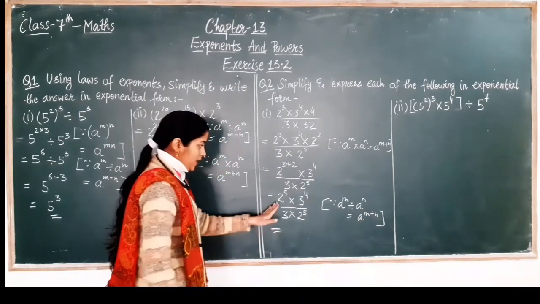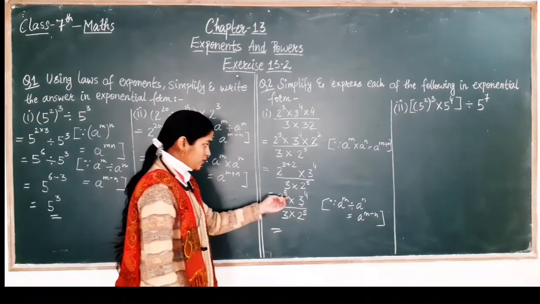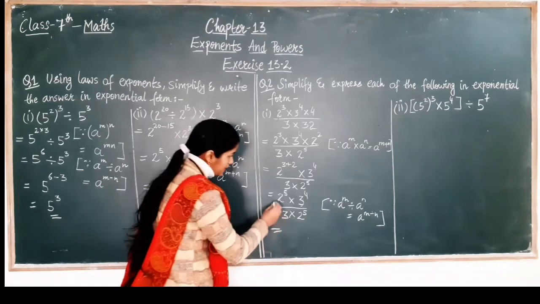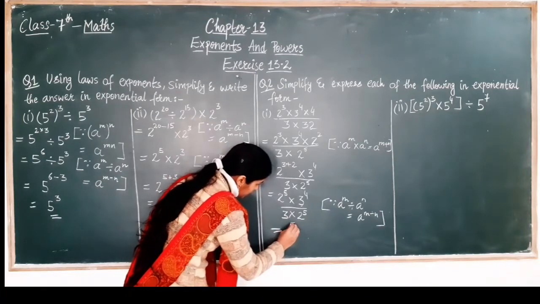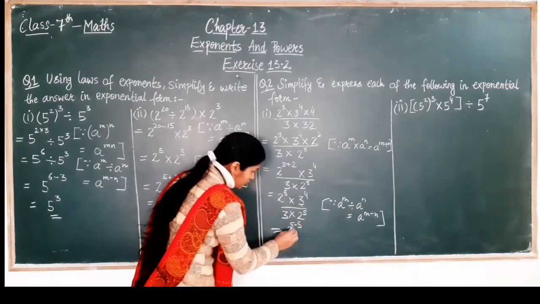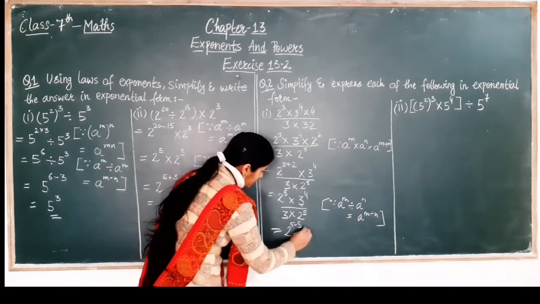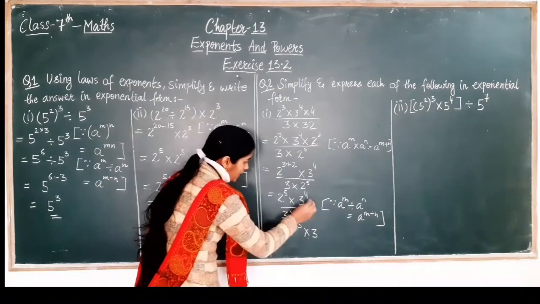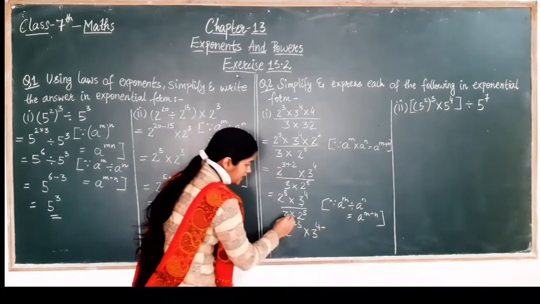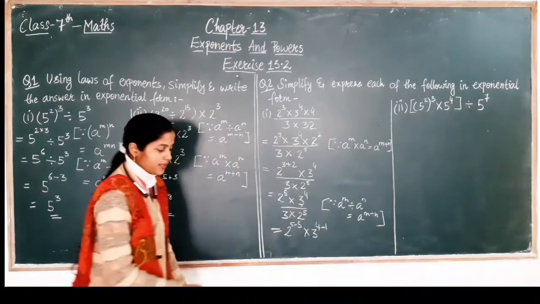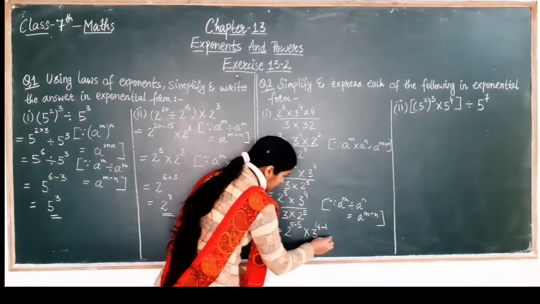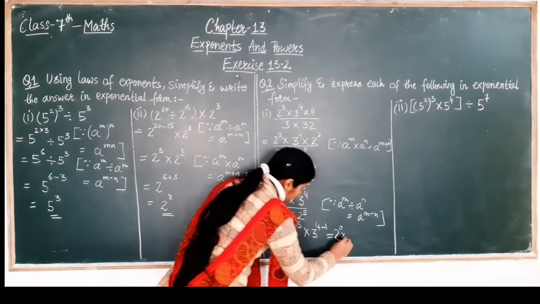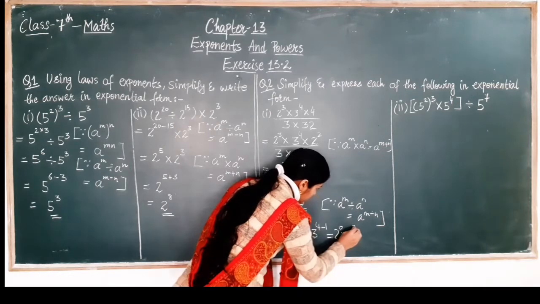As you can see, 2 raised to the 5 and 2 raised to the 5 have common bases. So we'll subtract the powers, 2 raised to the power 5 minus 5, multiplied by, here also the bases are the same, that is 3, and 3 has a power of 4 and 3 has a power of 1. So we'll subtract them. Okay. So now we'll get the answer as 2 raised to the power 0 multiplied by 3 raised to the power 3.